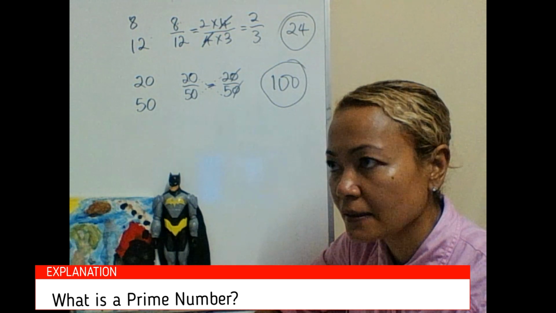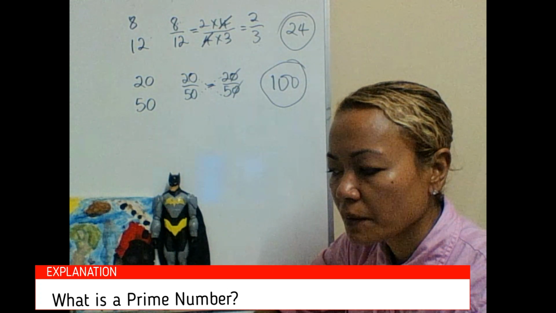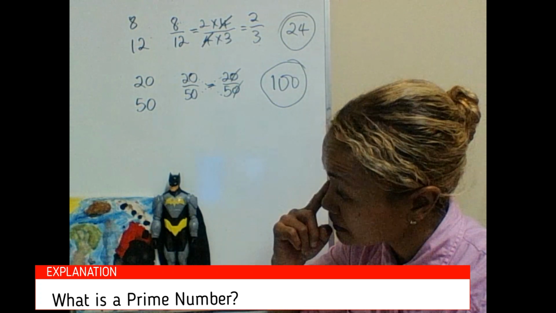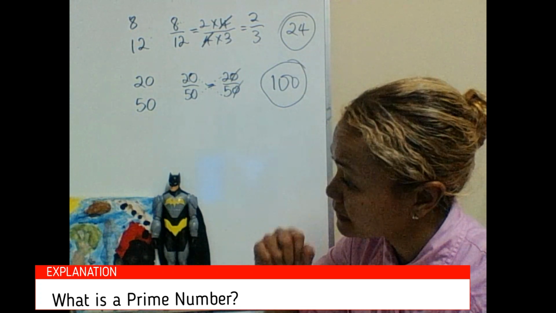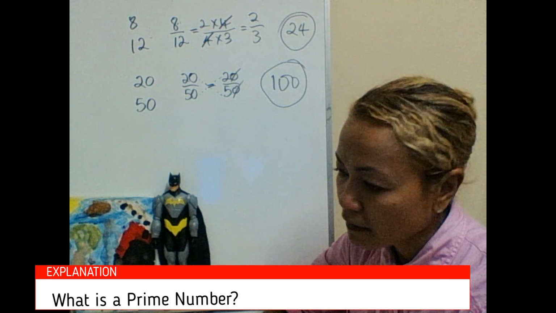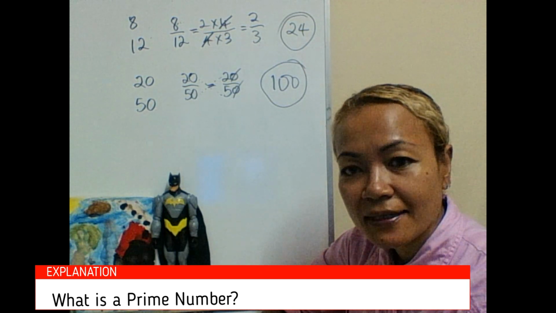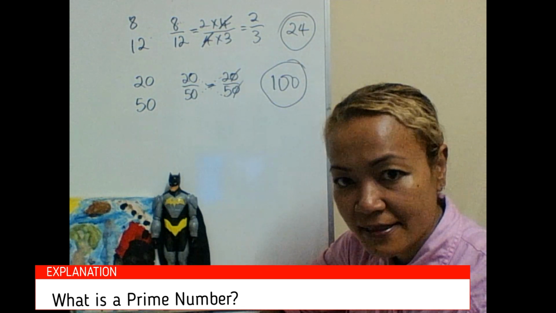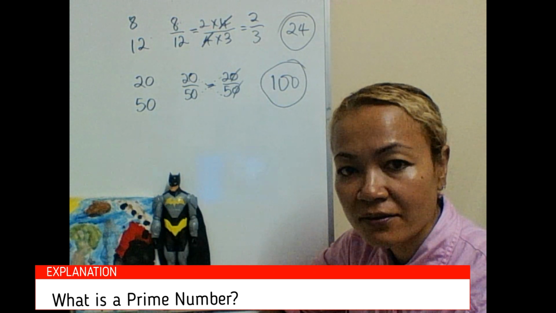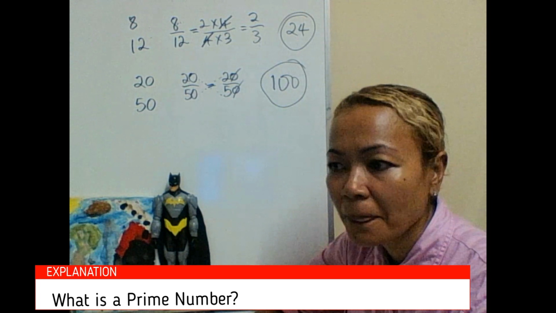What about, let's say, for example, 7. Okay, 7. 7 times 1 is 7. Are there any other 2 numbers that you multiply to make 7? No, you can't, because 7 is a prime number.